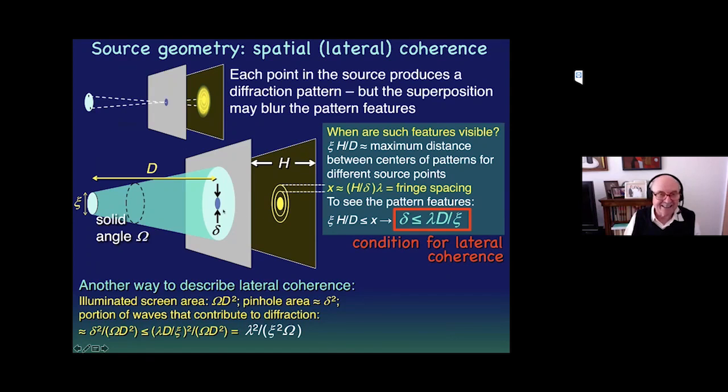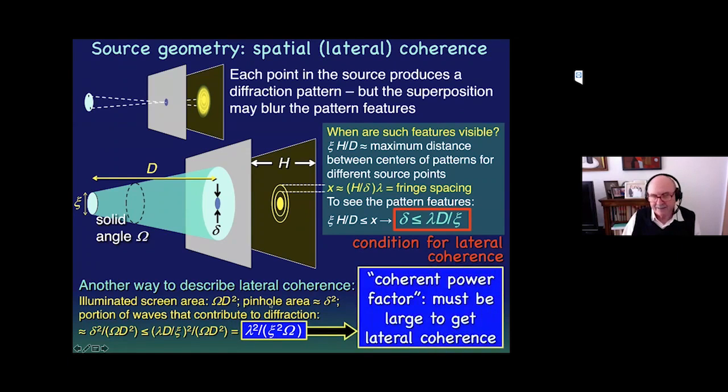And so the active radiation is a fraction of the total, the fraction being essentially the ratio of the two solid angles, and this gives you this one here after you plug in the condition. So you get to this parameter, which is called the coherent power factor, and you can express the condition for spatial coherence by saying that a source has this kind of coherence if it has a large coherent power factor. So this is the generic definition of coherence.